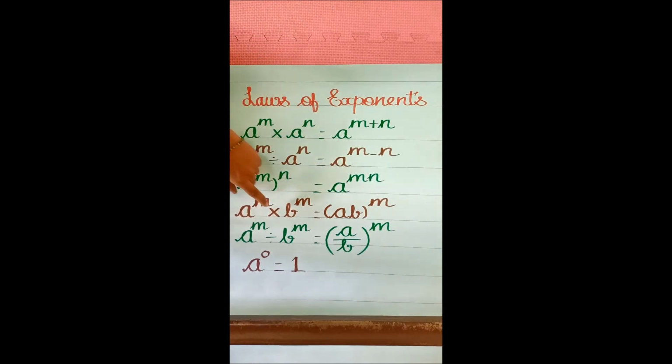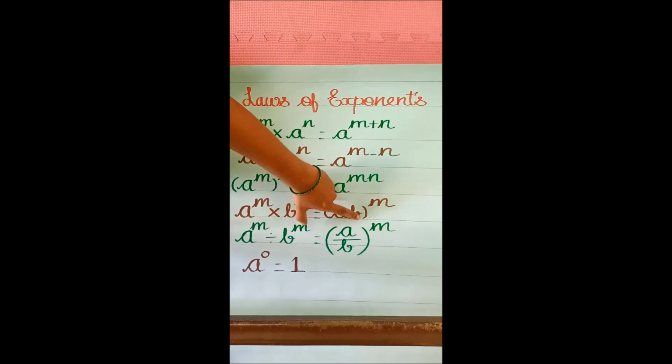A power m into b power m is equal to a into b whole power m. The next one is a power m divided by b power m, which is equal to a by b whole power m. Both the bases are different but the powers are the same, with the operation division, so you write a by b whole power m.